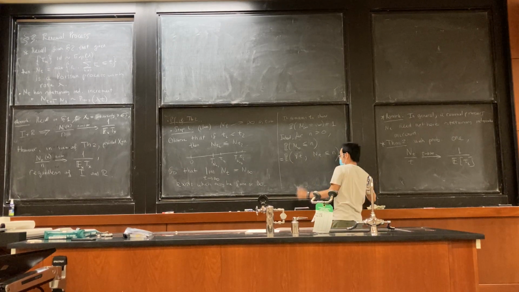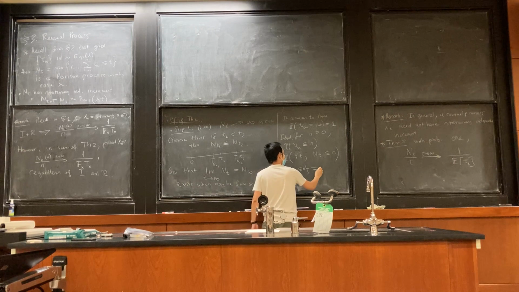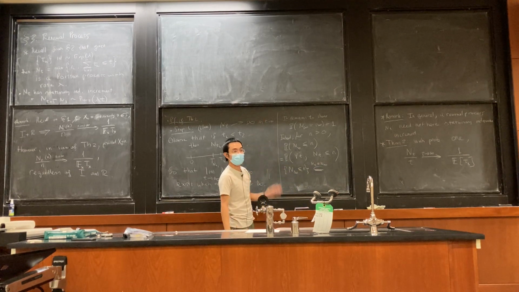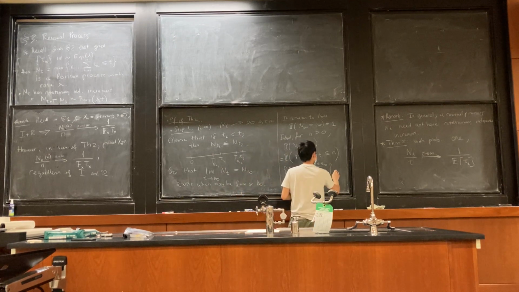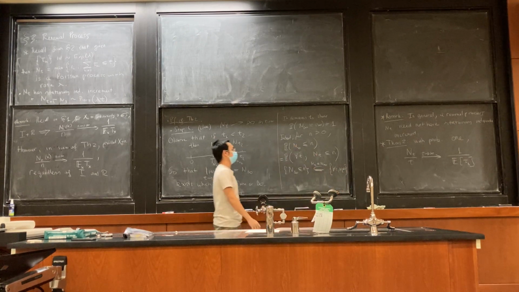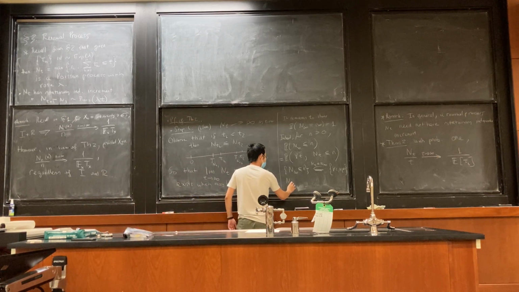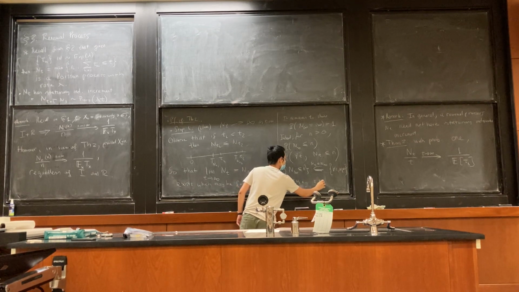So if N_infinity is less than n, together with the fact that N_t is less than N_infinity, obviously, because I am increasing up, so my limit has to be bigger than everything. So that event is a subset of the event for all t, N_t less than n.